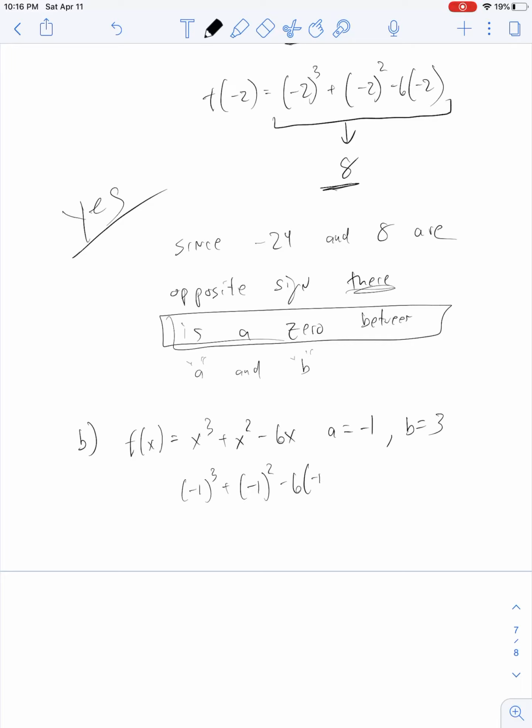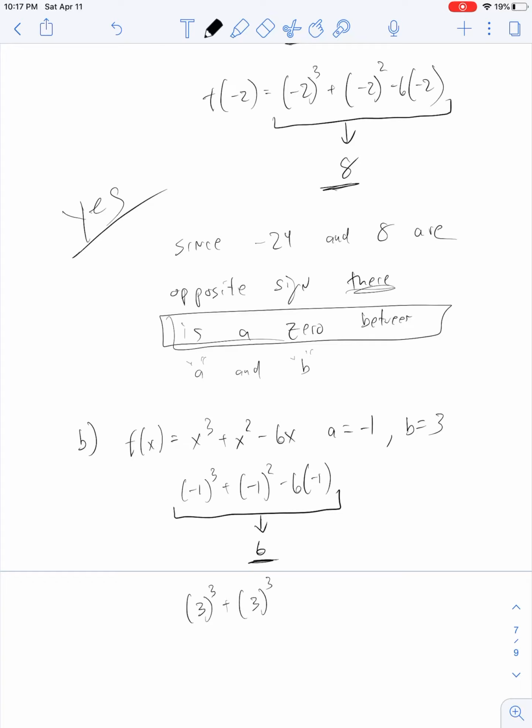Negative 1 to the power of 3 plus negative 1 to the power of 2 minus 6 times negative 1. What do we get when we put that into our calculator? You do this and you end up getting 6.